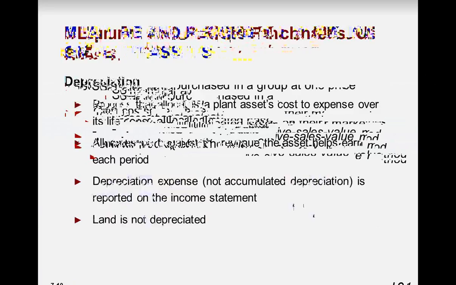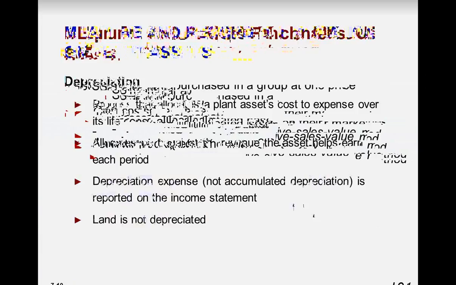Actually two things that sometimes people think about depreciation is that it's a process of valuation, because what we actually end up with on our balance sheet is a book value, and that's not necessarily what that asset is worth, fair market value, when it's sitting out there as our book value on our books.